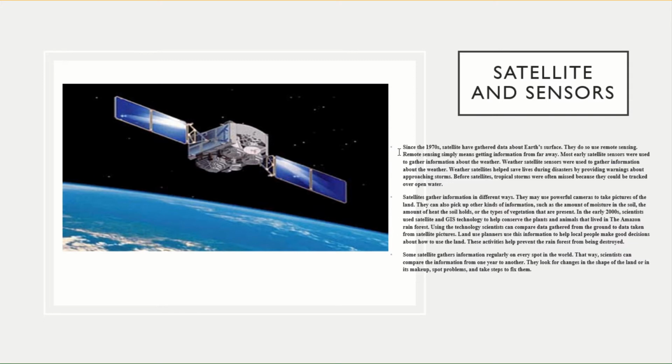Remote sensing simply means getting information from far away. Sensors are used to gather information. For example, in your car, when you reverse and it finds an object, it starts beeping.